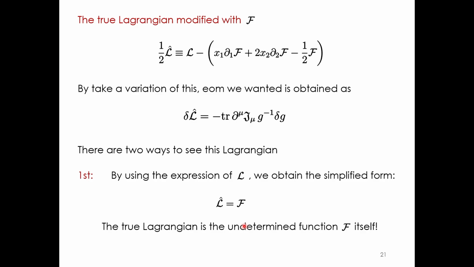So it is quite easy to see the relations between the Chern-Simons actions and the Courant-Hilbert constructions I explained yesterday. Now the true Lagrangian becomes F itself.